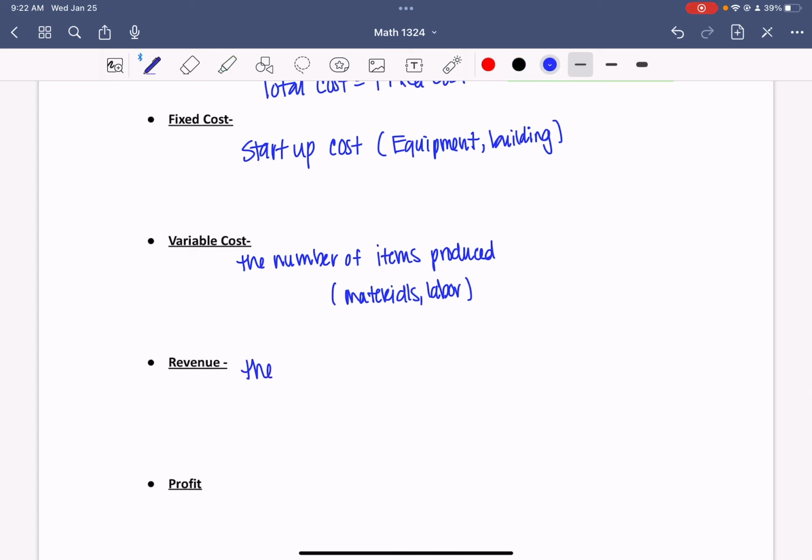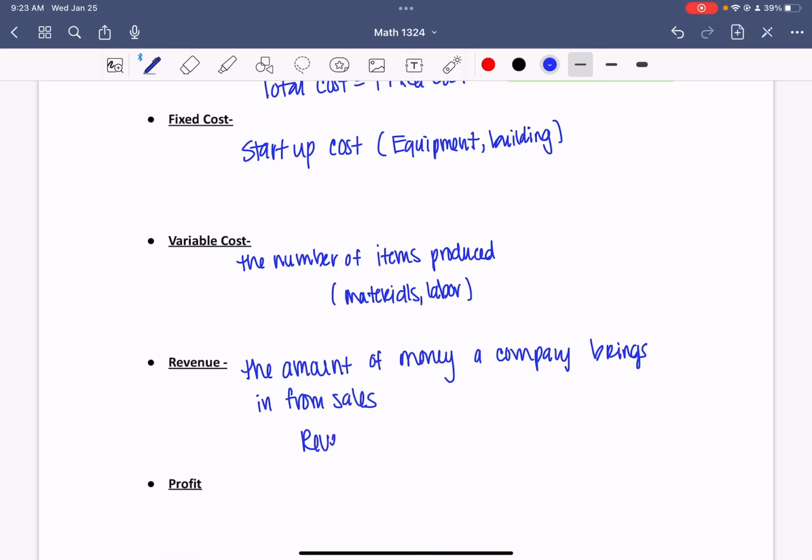Revenue is the amount of money a company brings in from sales. And so we're just going to stick with our cup example.